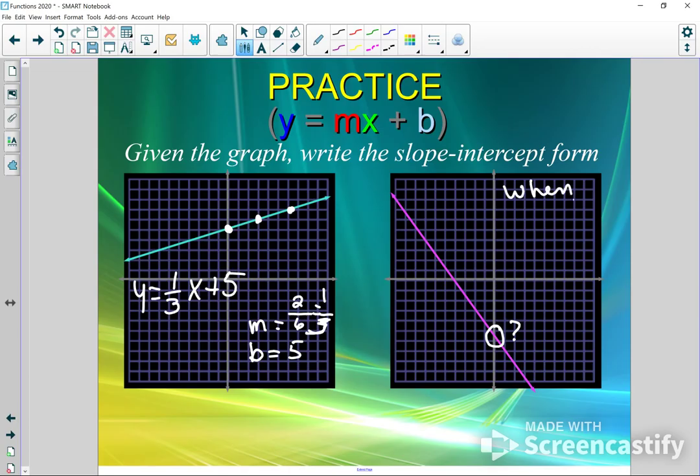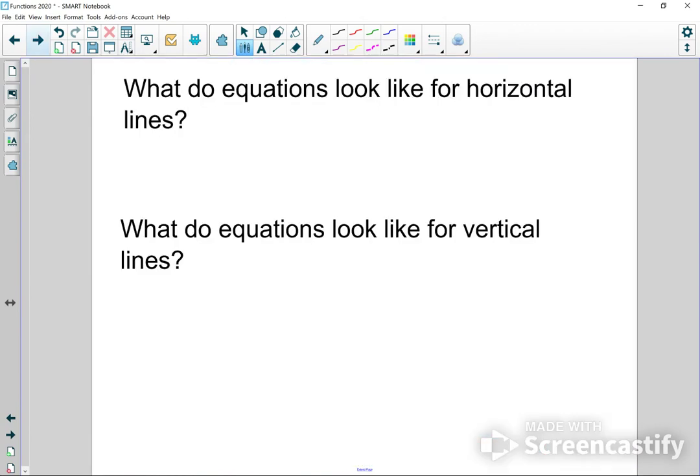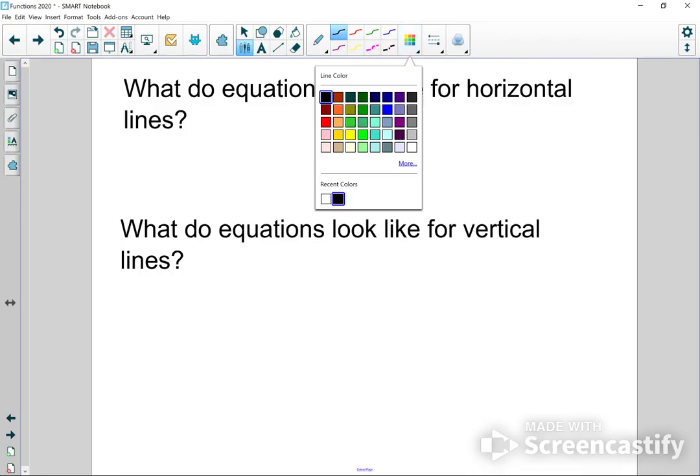When b is not an integer, use the 2-point method. And that's a method we're going to talk about in a couple of minutes. So we're going to hold off and talk about how we would figure this one out in a couple of minutes. Now let's take a look at horizontal and vertical lines.